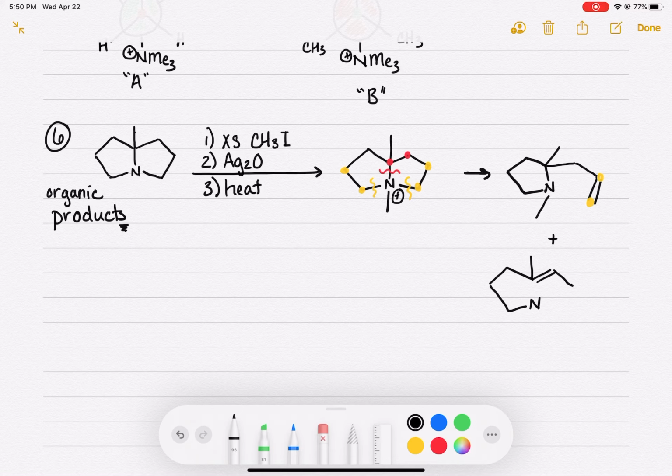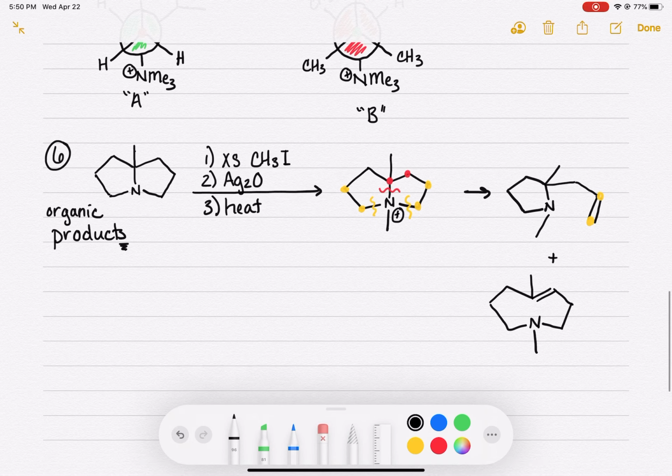This is going to end up being like an expanded ring, which you can draw like that, kind of funny looking. Sapling is happy with that. And if we tried to go onto the other side of the ring, we would end up with the exact same molecule, just kind of flipped like a pancake.